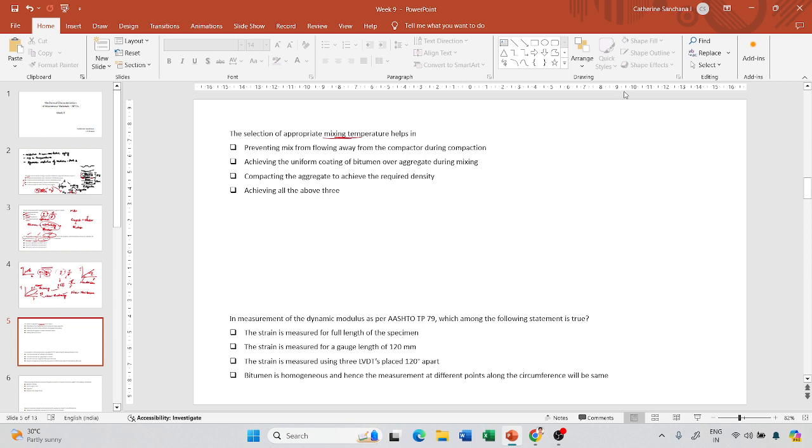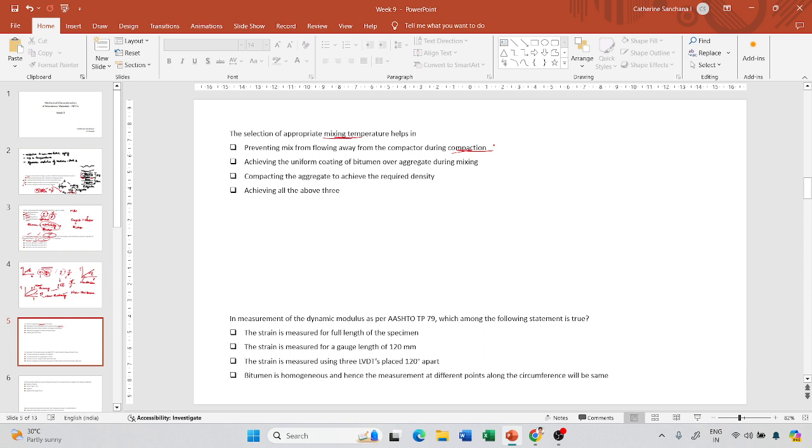If you see, the first option corresponds to compacting, preventing mix from flowing away from the compactor during compaction. For that you have something called the compaction temperature. So for mixing, usually your mixing temperature will be higher than the compaction temperature. Why?